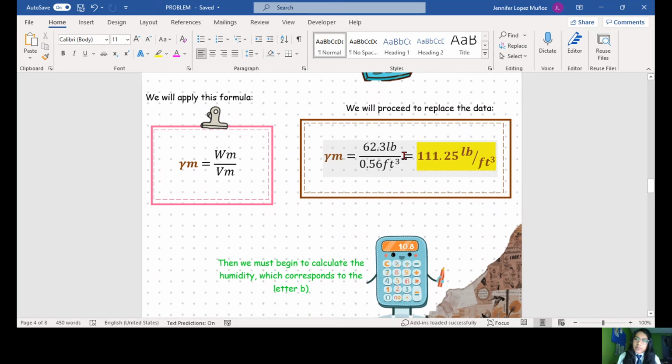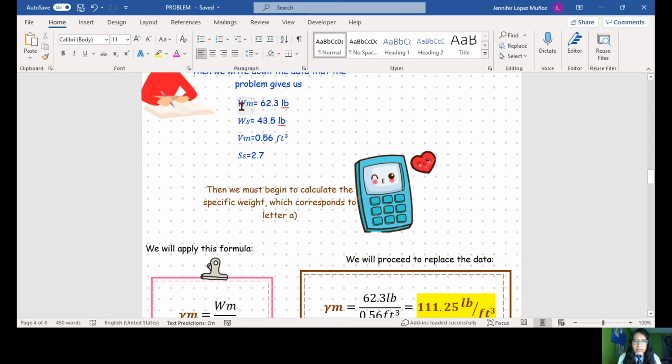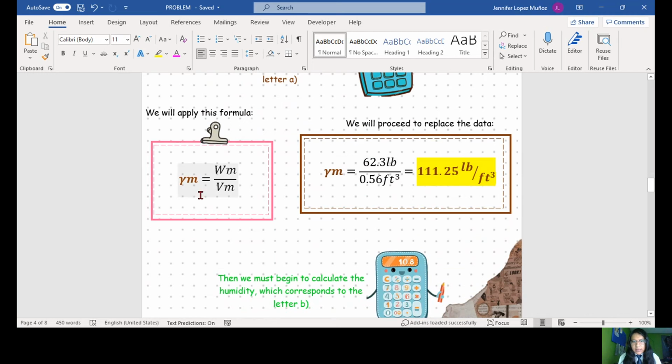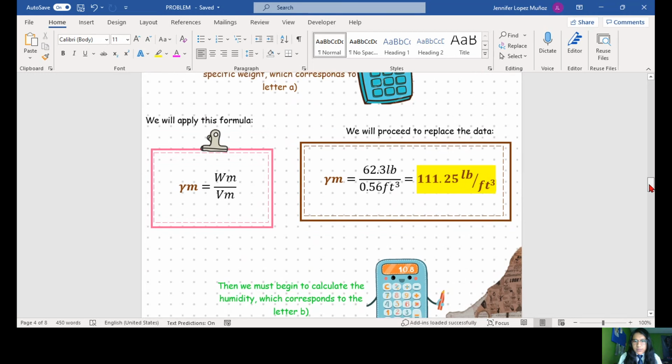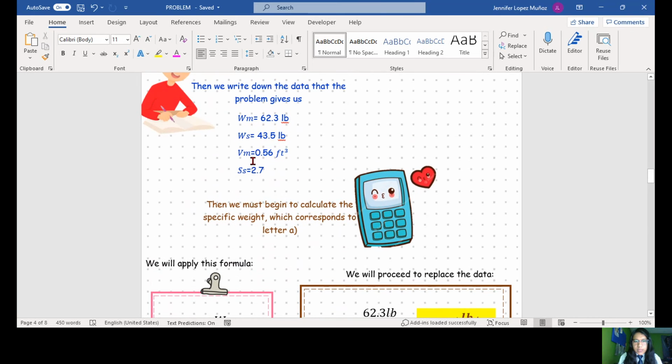The specific weight of the sample equals the sample weight, 62.3 pounds, divided by the sample volume, corresponding to 0.56 cubic feet.